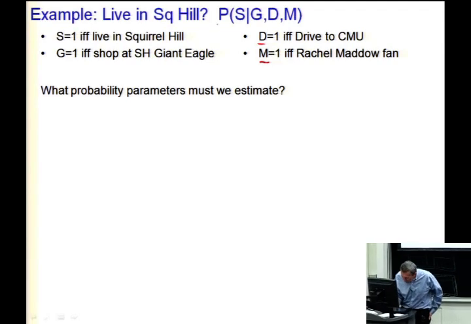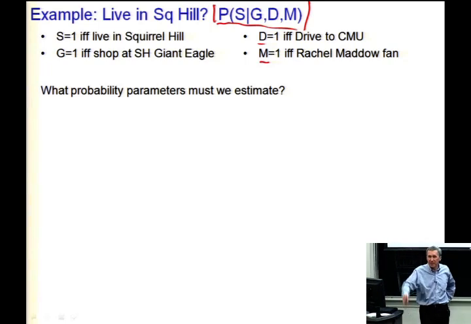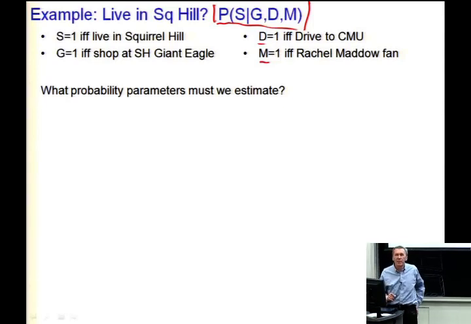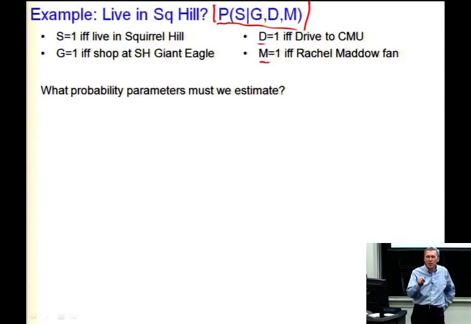Of course, what we want is for our naive Bayes classifier to be able to predict for future x's, the people sitting in this column, the test examples, whether or not they live in Squirrel Hill based on these probabilities that we're going to have to estimate. Okay, so first of all, let me take a rough estimate. 1, 2, 3, 4, 5, 6, 7, 8, 9.